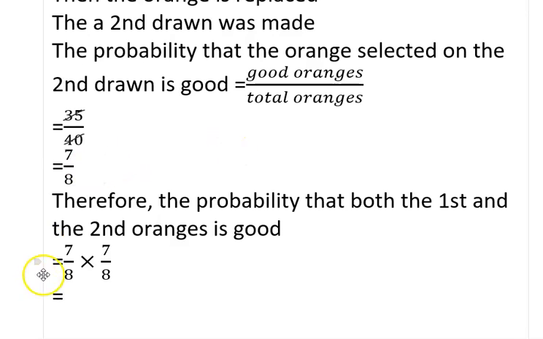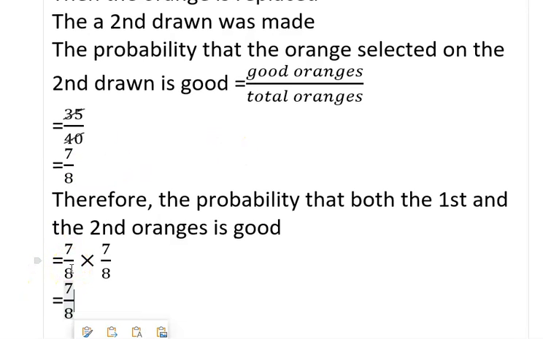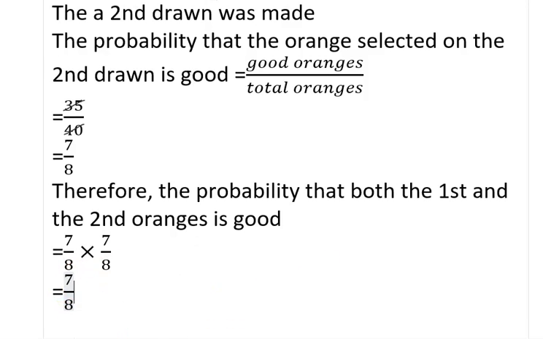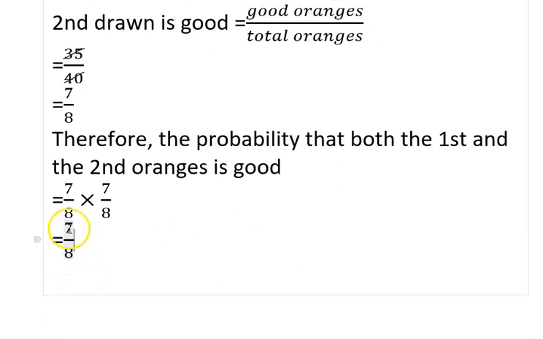So if we say let's multiply our answer. 7 times 7 will give us 49, and 8 times 8 will give us what? 64. Awesome. So the probability that both the first and the second oranges is good is 49 over 64, because they cannot cut.